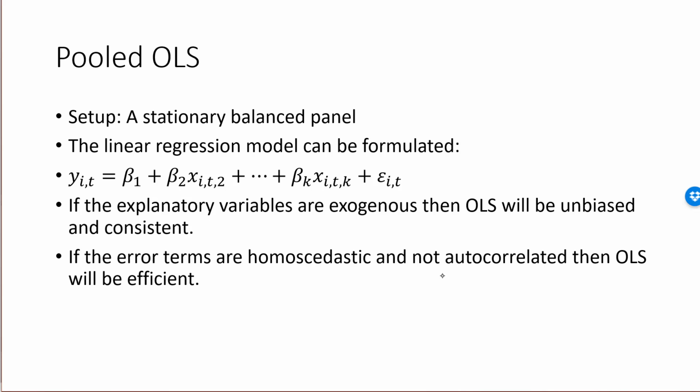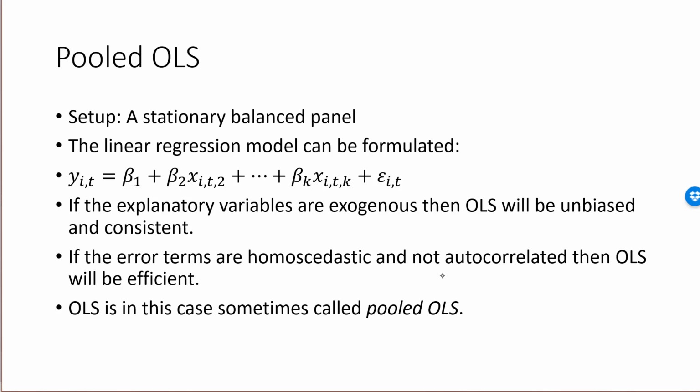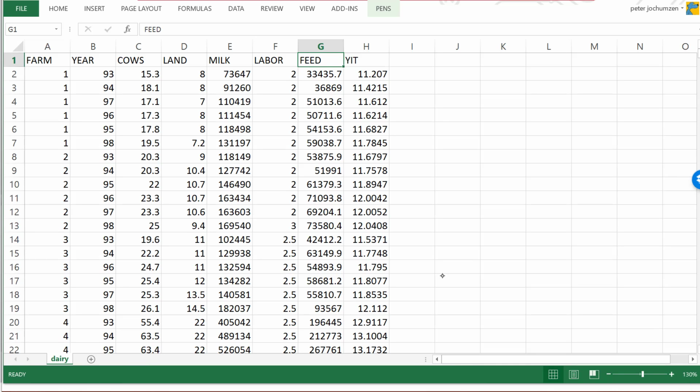Plus, the standard errors will be consistent and all the inference will be applicable. So running a simple OLS on panel data, completely ignoring the structure of the data, is sometimes called pooled OLS.